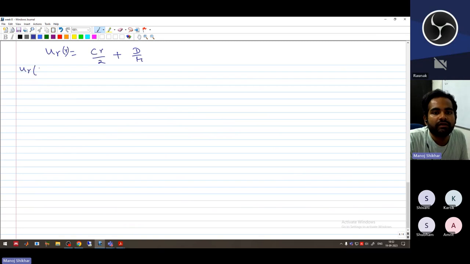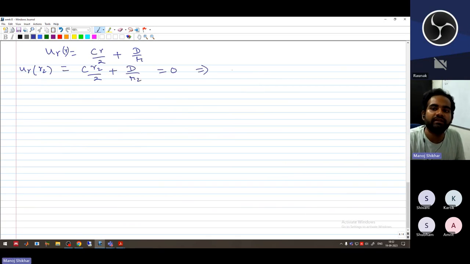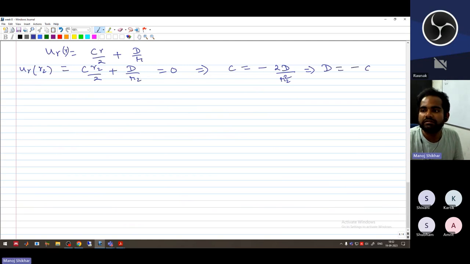UR at R2 will be C R2 by 2 plus D by R2 equal to 0. So from here we get a relation between C and D. C will be minus 2D by R2 square, or we can write D equal to minus C by 2 into R2 square.